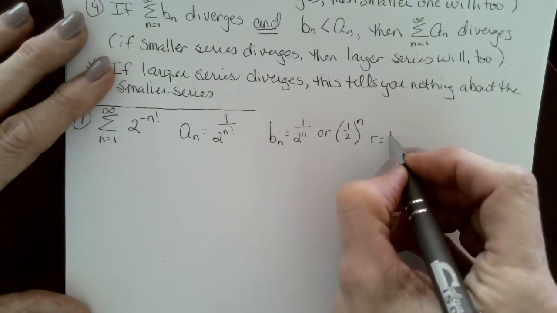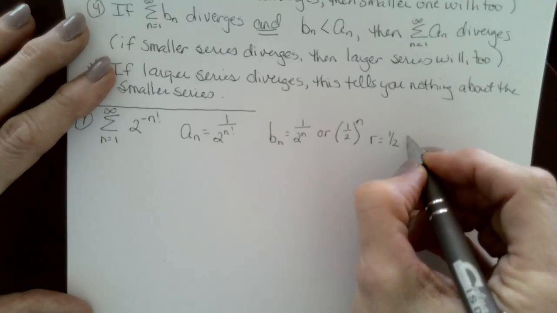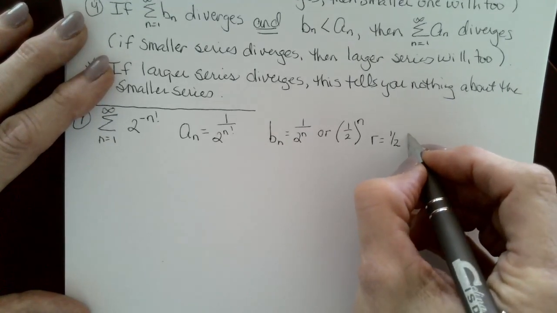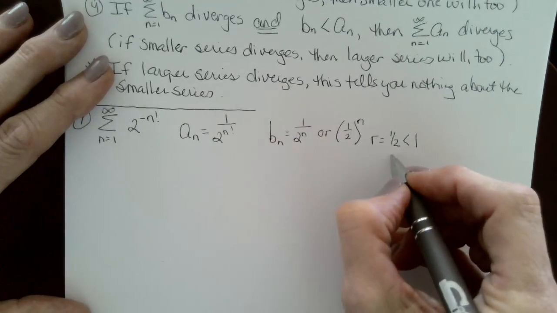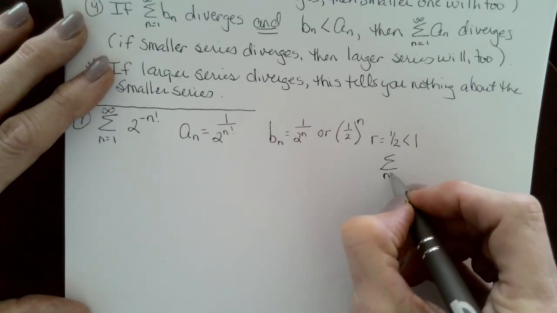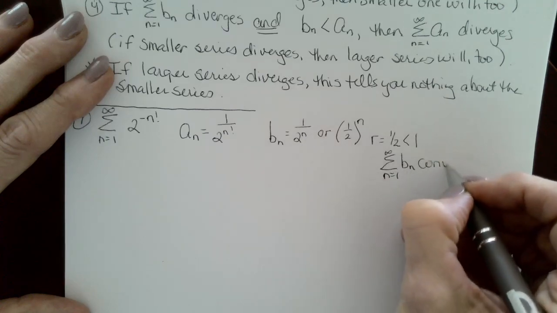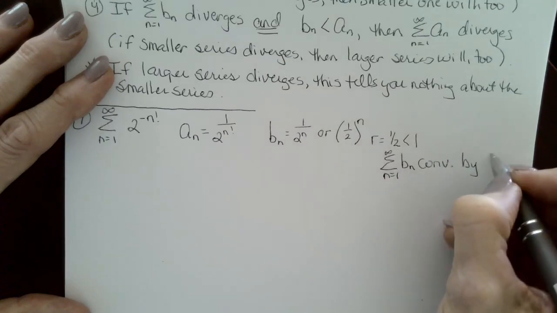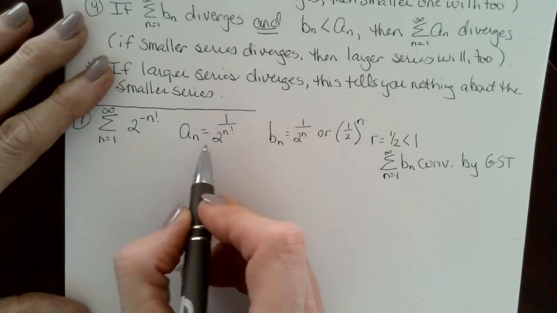So this is what? R, okay? R is equal to 1/2, which is, what do I write? Geometric series, people? Less than 1. So what does that tell you about this series? That's right. B sub n converges by geometric series test. Compare B sub n to A sub n.